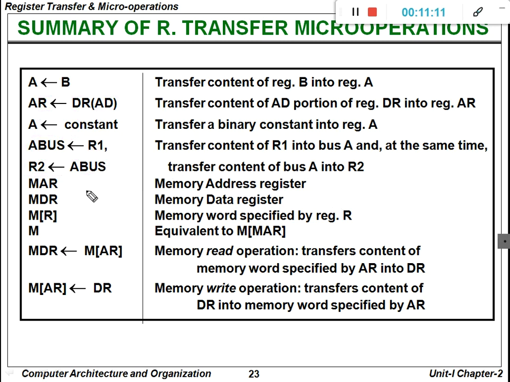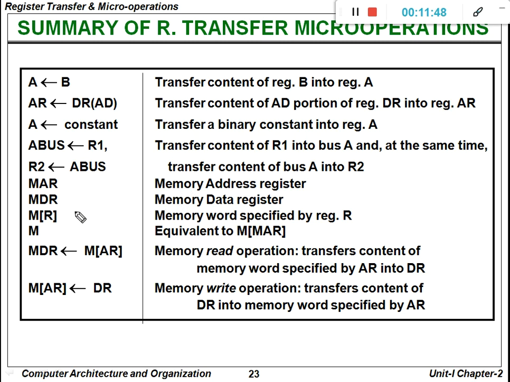Next one, MAR. We already discussed the memory address register. It is used to fetch particular information from the main memory to be stored in a particular register. MDR means memory data register. It is used to store the data that has been fetched from the main memory into the register before moving it to general purpose registers.